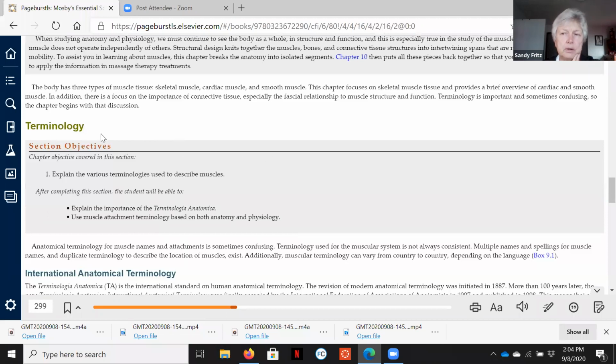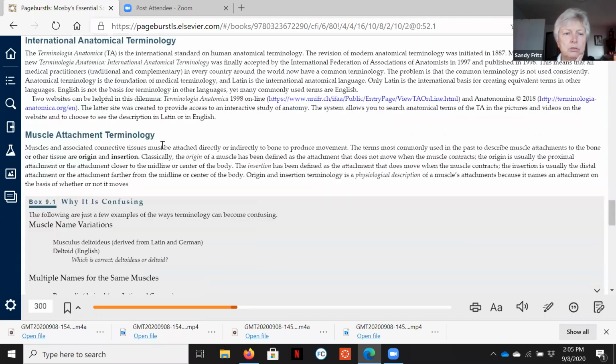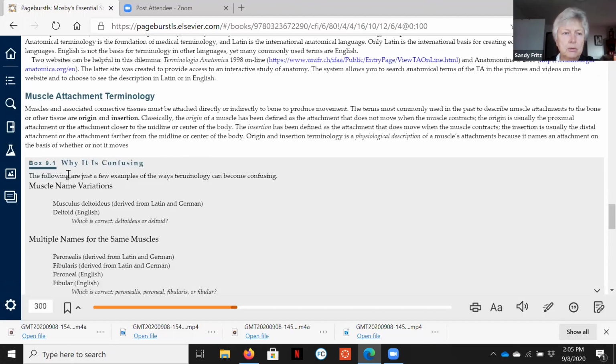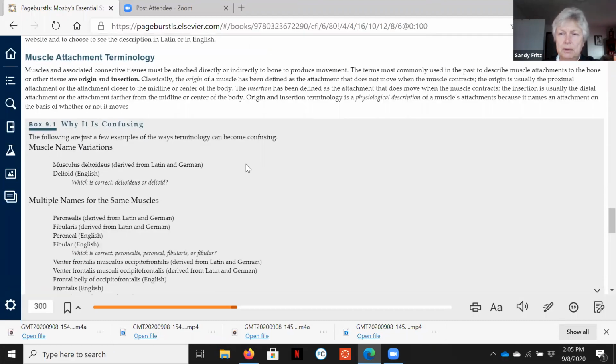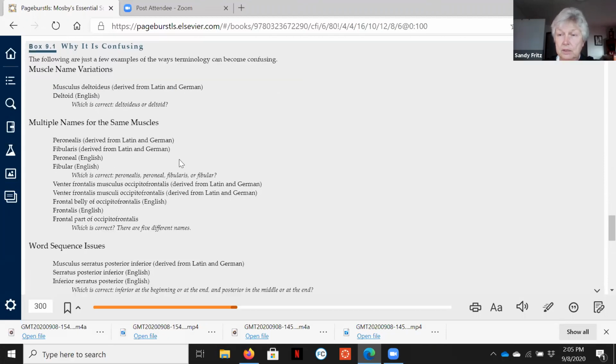So this section right here, terminology, goes into some discussion about how muscles are named and the functional terminology that goes with it. And it also in this box gives you a little bit of an overview of why this is confusing.